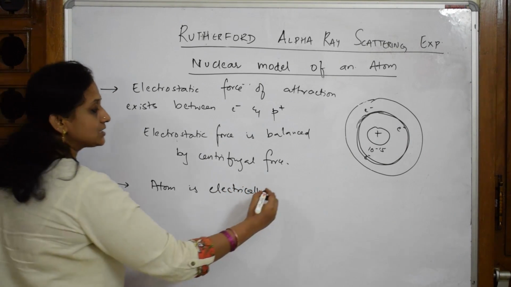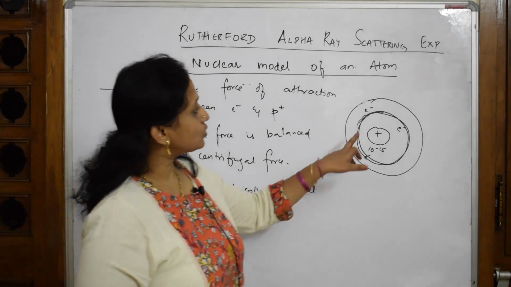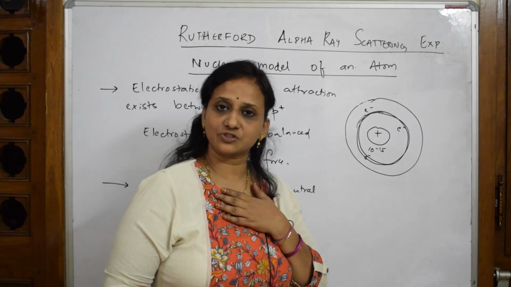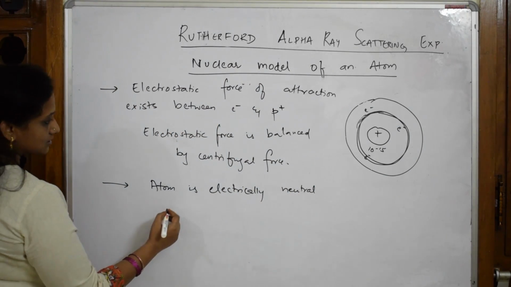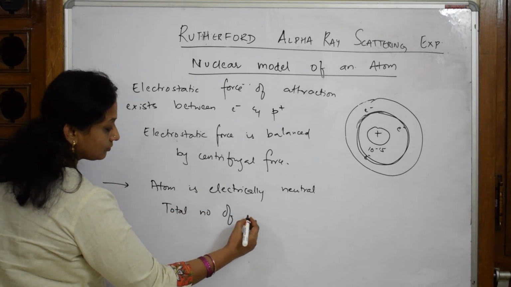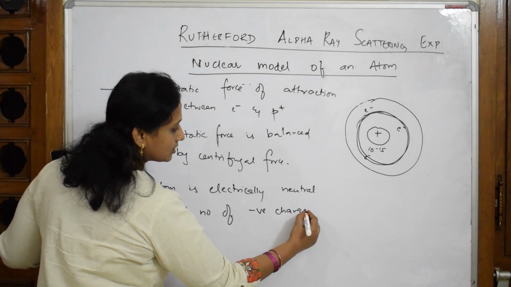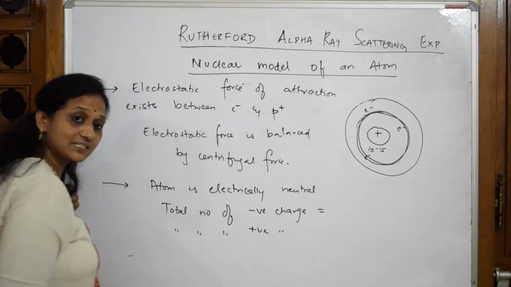Why is it electrically neutral? That means the total number of negative charges is balanced by the total number of positive charges. That is what he has given us as a conclusion. So atom neutral means the total number of negative charges is equal to the total number of positive charges.